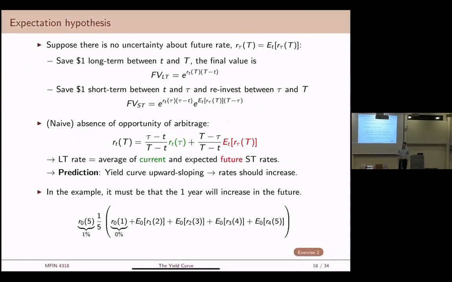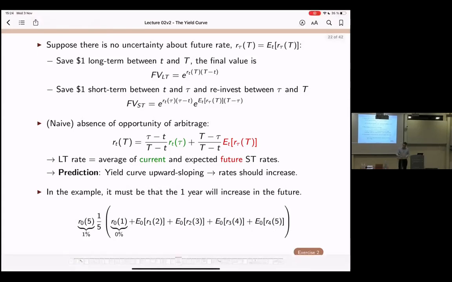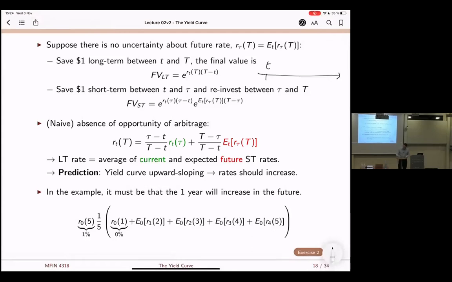So what we're going to say is that it should be equivalent in some sense to invest long-term and short-term. So suppose that I invest long-term, I invest $1 today and I cash out in the last period T, right? Let me remind you the timeline here. Today is t, we call tau this interim period and big T the final period.